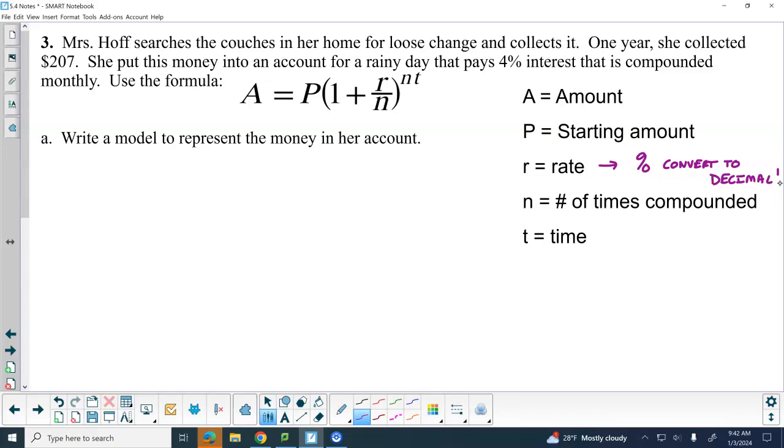If it's money in a bank account, it's the number of times that they apply the interest rate for you. If it's depreciation of a vehicle, it's December 31st going into January 1st, and when the clock strikes midnight, your vehicle is now one more year older. So you would apply that percentage rate one more time, and so on and so forth. Okay? And T is the amount of time. Whatever the time is given to you in the problem, that's the amount of time that it is. Typically, we're talking about within a year.